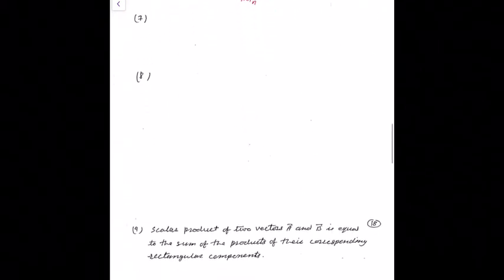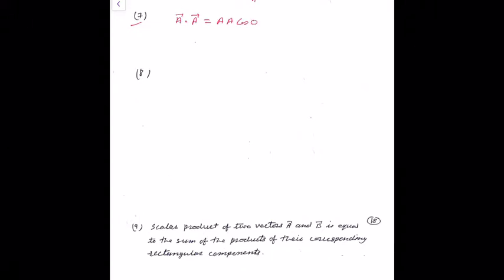Next, seventh. When we take the dot product of a vector with itself, then we get the square of the magnitude of the vector. That is, A vector dot A vector is equal to A A cos 0.